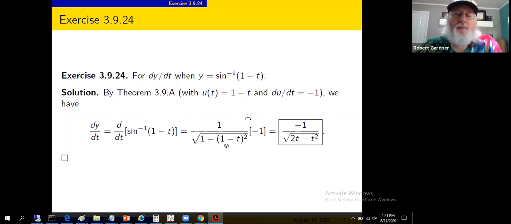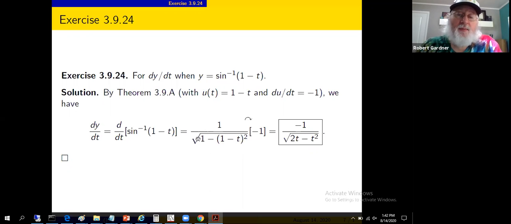We get 1 over the square root of 1 minus that stuff inside the sine function squared. 1 over the square root of 1 minus u squared, it was stated in terms of the theorem, and u is 1 minus t. So we get 1 over the square root of 1 minus the stuff inside the inverse sine function squared, 1 minus t squared, and then you'll multiply by the derivative of the stuff inside.